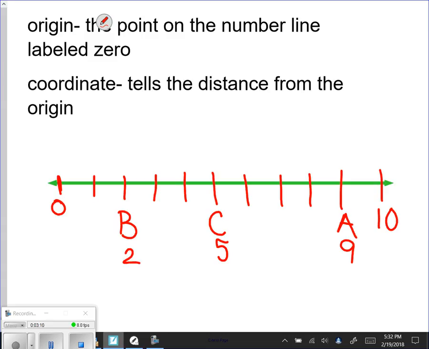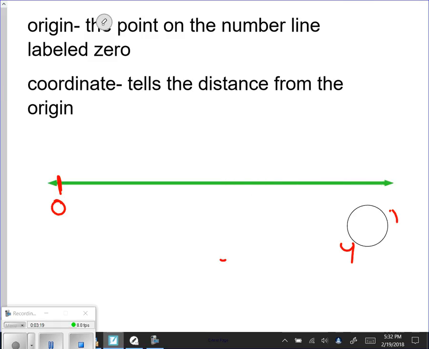Okay, so now I'm going to make this one a little bit more difficult. So I'm going to put up a new number line.